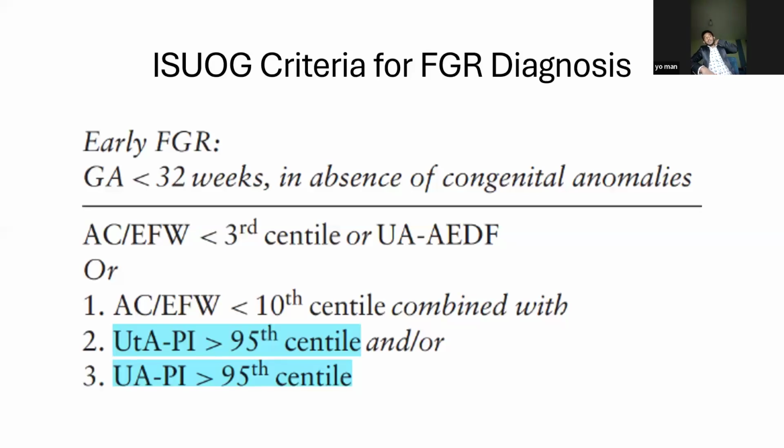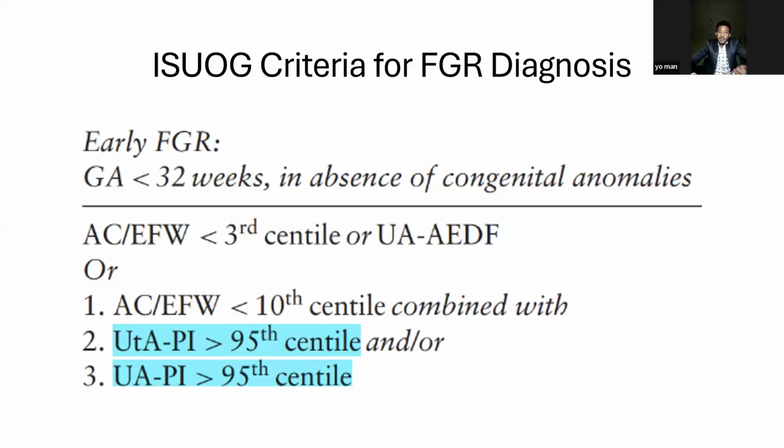So in exact dates, you know that the fetus is less than 32 weeks, and in the absence of congenital anomaly, if you measure the fetal size and find the AC to be less than third centile, you can call that fetus FGR without considering Doppler parameter, growth velocity parameter, and other things.